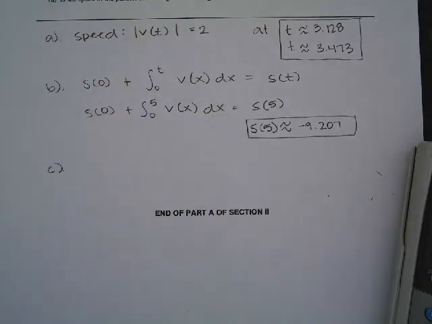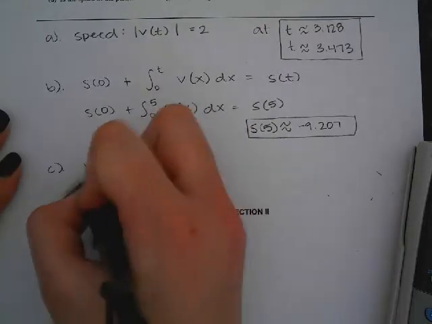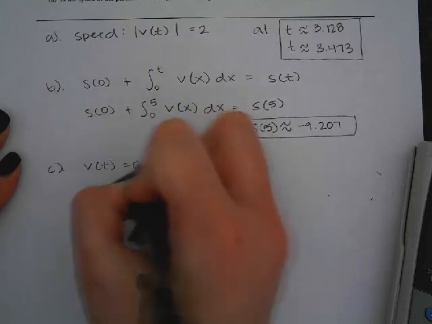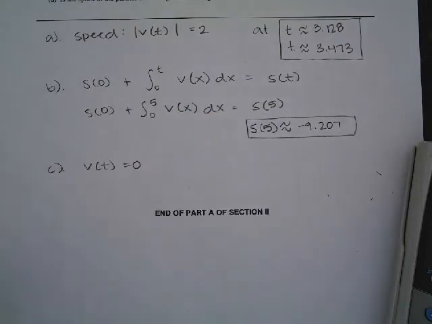All right, find all the times in the interval at which the particle changes direction. So here we want to know not only where the velocity equals 0, but we want to make sure that it switches from positive to negative on that interval.